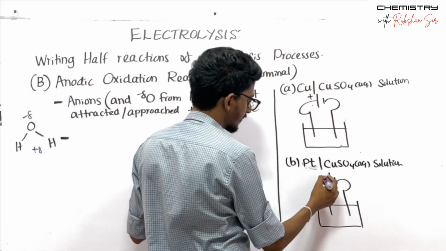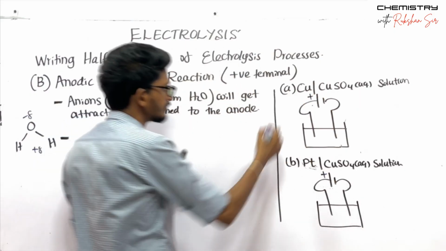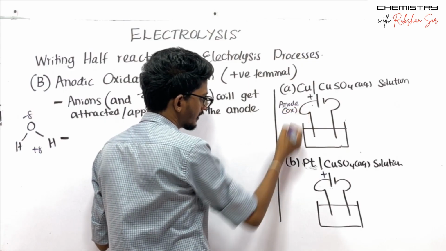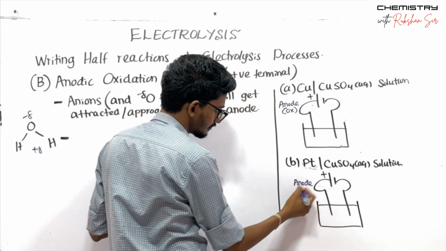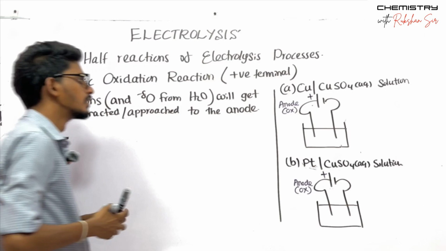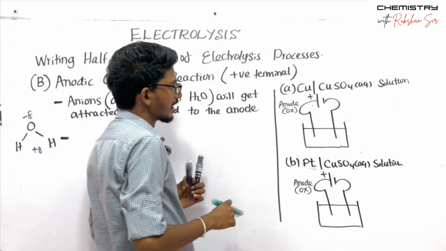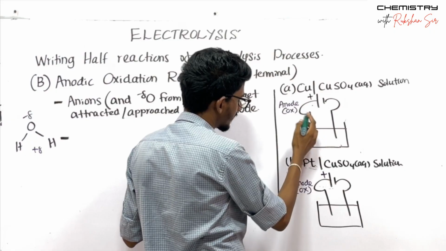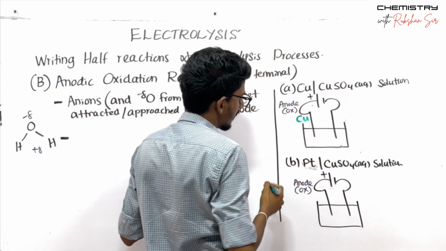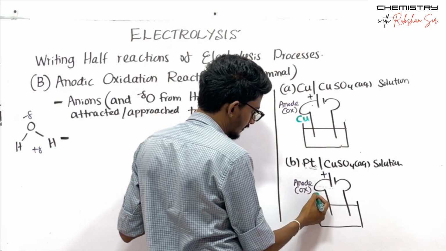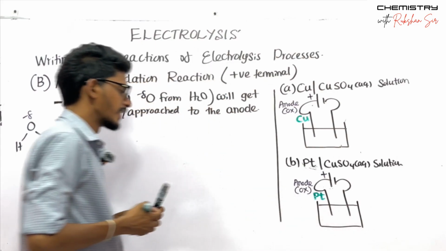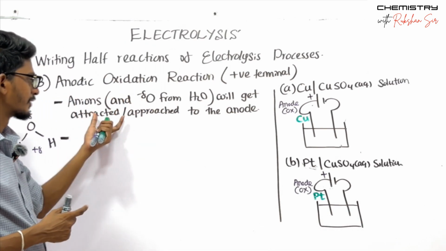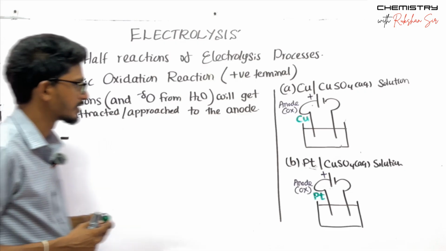Here is the anode. This is what we are concentrating on. Oxidation should occur there. And this thing, a copper solid is used as your anodic terminal. Here a platinum solid is used as anodic terminal. Anyway, our first thing is actually discussing about which species will get approached here.